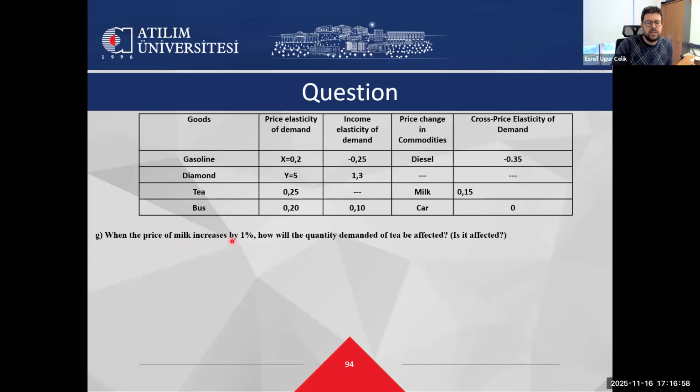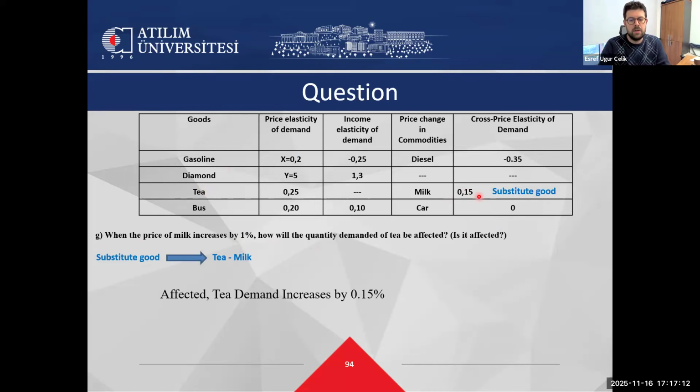When the price of milk increases, how does it affect the tea demanded? Tea and milk are substitute goods. If the price of one of them increases, the demand for the other also increases because these are substitutes.